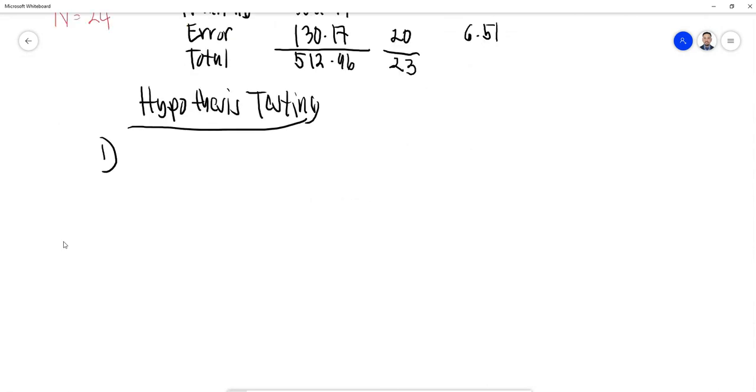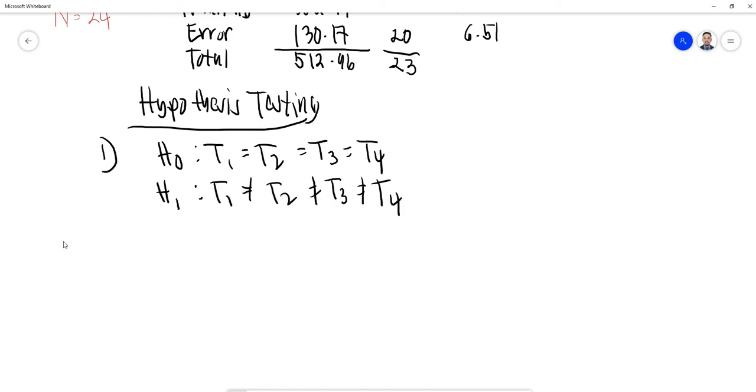Our null hypothesis is that there is no difference among the treatments. And then the alternative hypothesis is that there's a significant difference among the groups or the treatments. Our given alpha is 0.01, and we will test using these conditions.